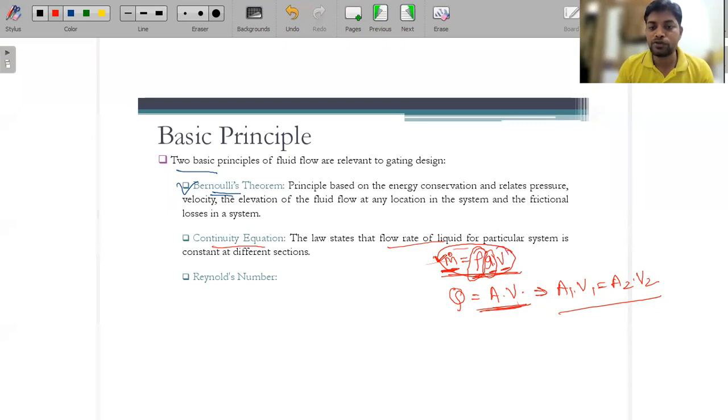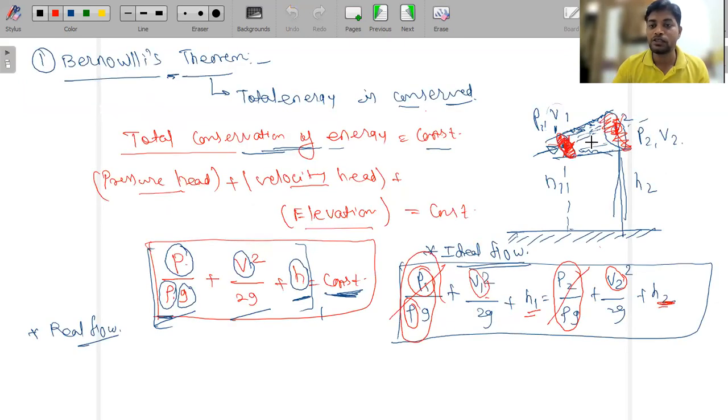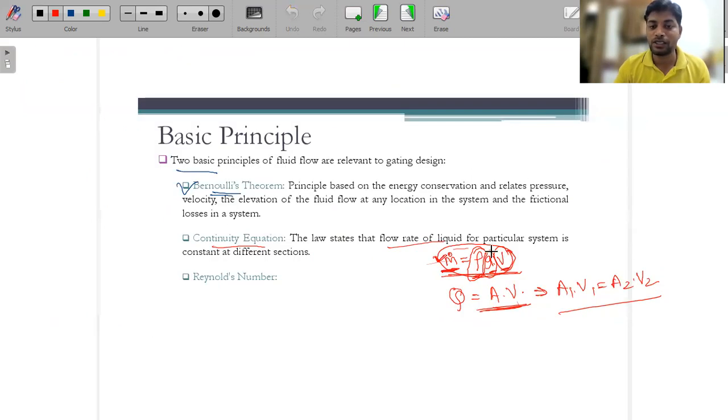And that depends on the velocity only. It means if the mass flow rate is constant, the velocity at point 1 and point 2 is constant. But this is only possible when we take the same cross section throughout the length. In the example of V1 and V2, the mass flow rate cannot be equal, because at point 1 and point 2 the velocity is different. That's why we are not considering this equation for fluid mechanics.